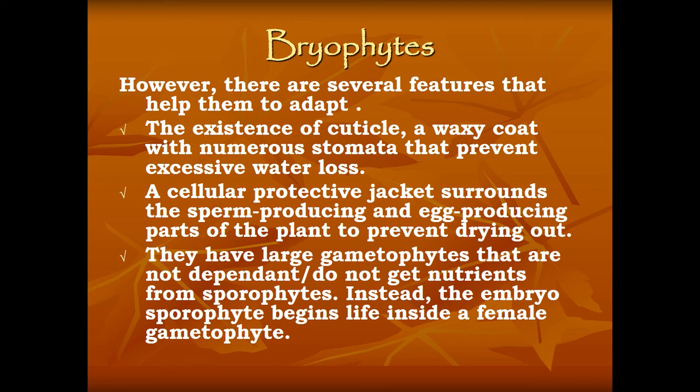They also have a cellular protective jacket surrounding the sperm-producing and egg-producing parts of the plant that prevents the plant from drying out. And they do have large gametophytes that are not dependent; they do not get nutrients from the sporophytes. Instead, the embryo of the sporophyte will begin life inside a female gametophyte. You have to remember, bryophytes have large gametophytes.